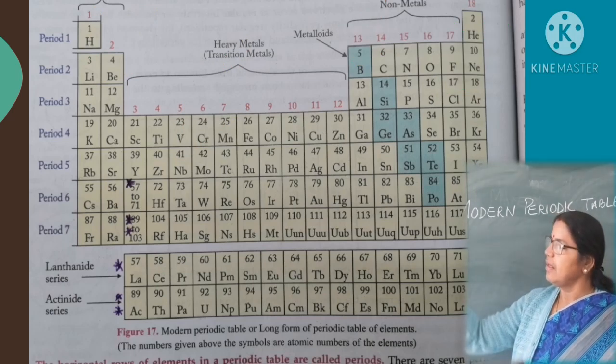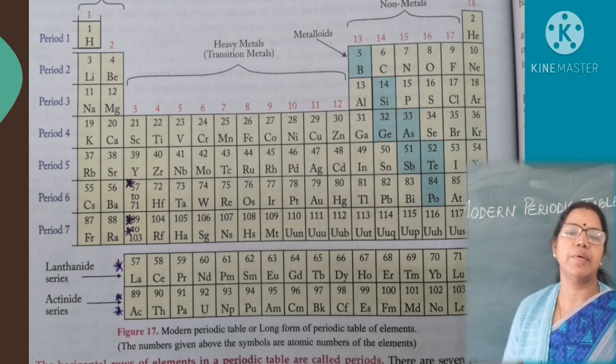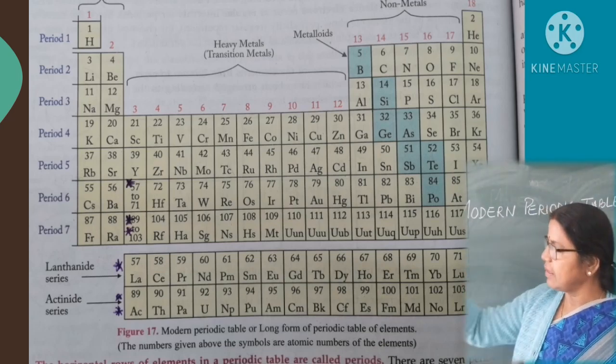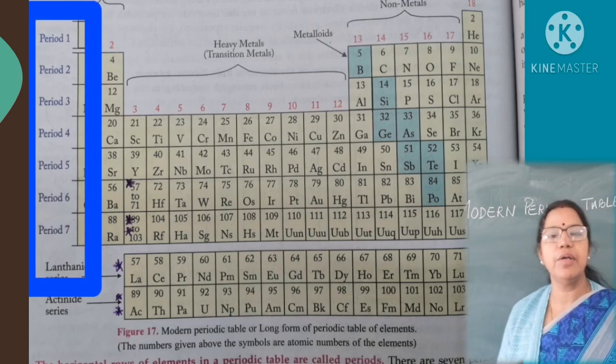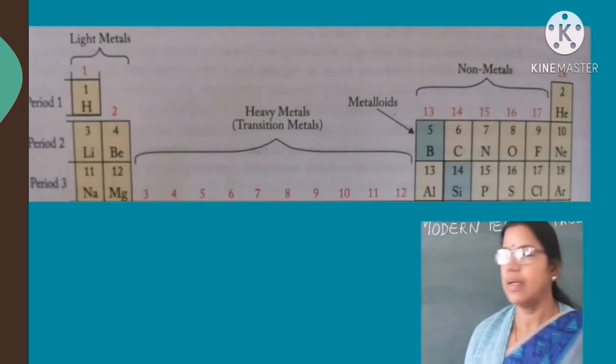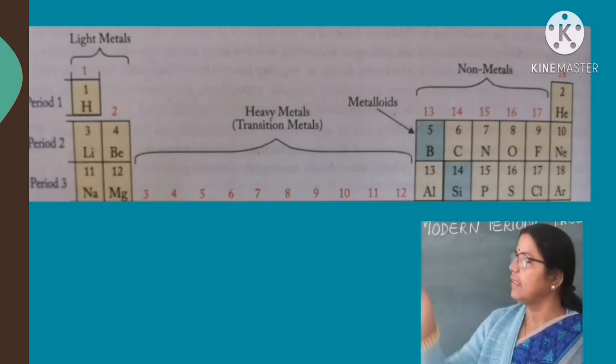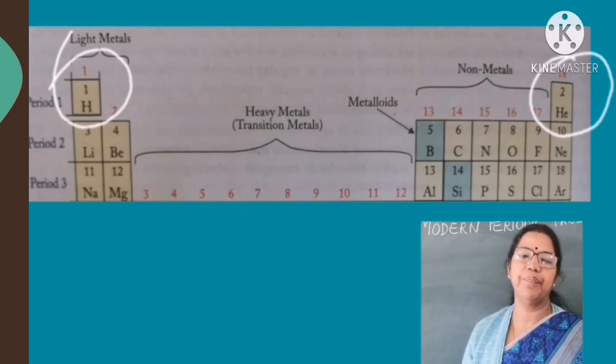You can see there are 7 horizontal rows in the modern periodic table. These 7 horizontal rows are known as 7 periods. The first period has only 2 elements, hydrogen and helium.